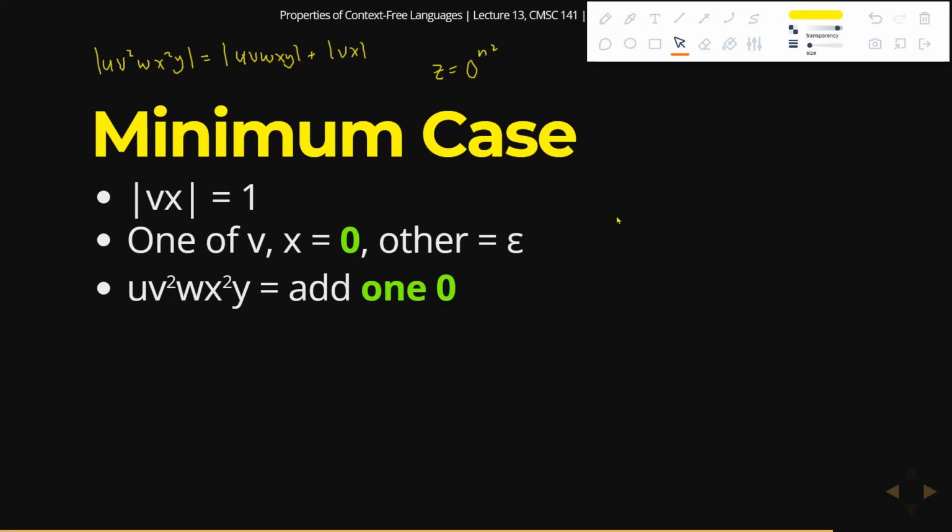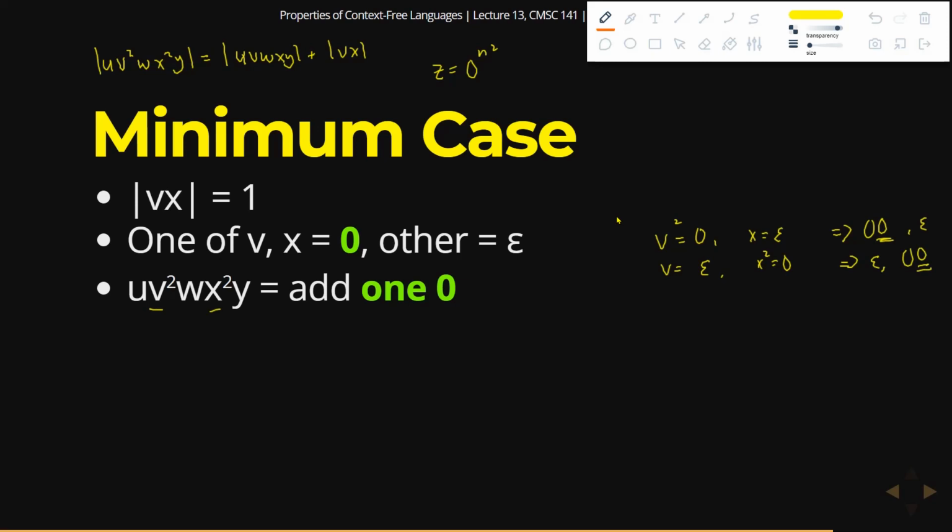So regardless of whether v is equal to 0 and x was epsilon, or v was epsilon and x was 0, if you pump up v squared x squared, v squared would become double 0, so you added 1 zero, whereas x would still be epsilon. And in the other case, v would still be epsilon, and x squared would become 00.